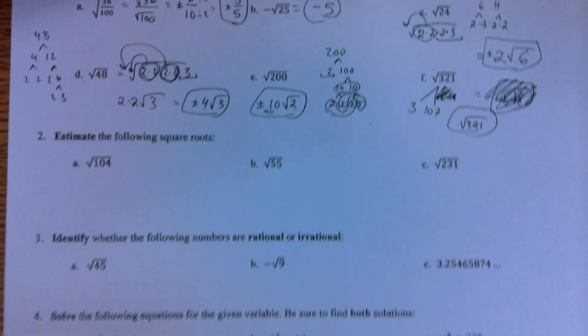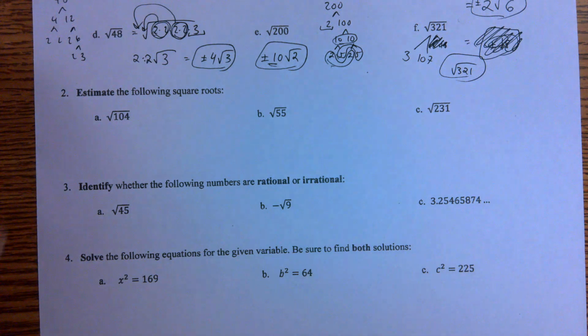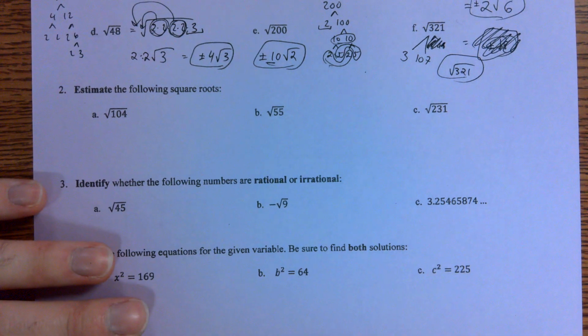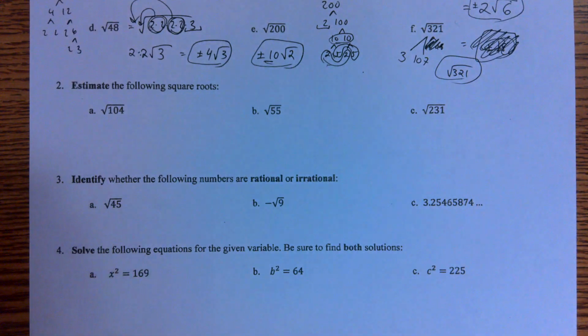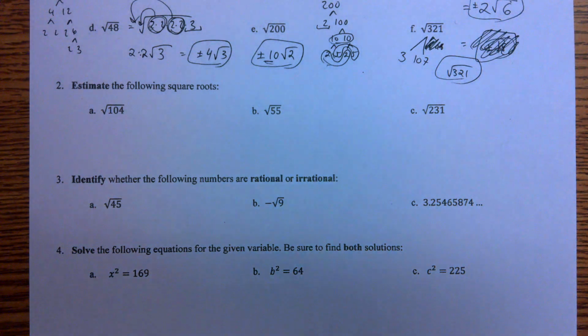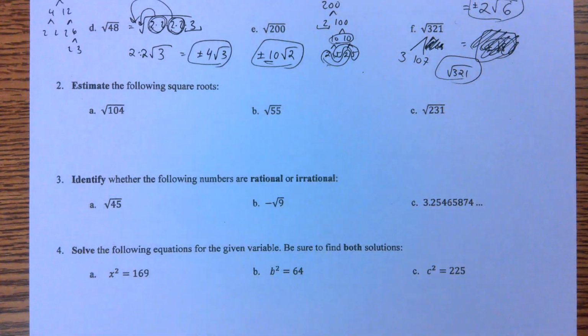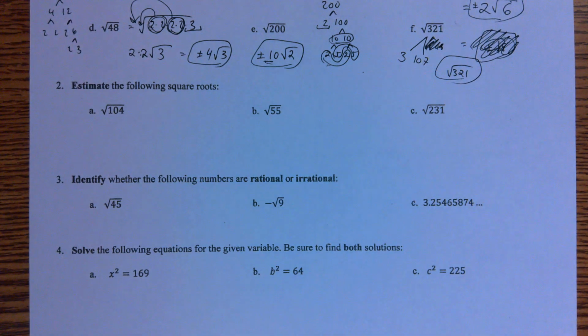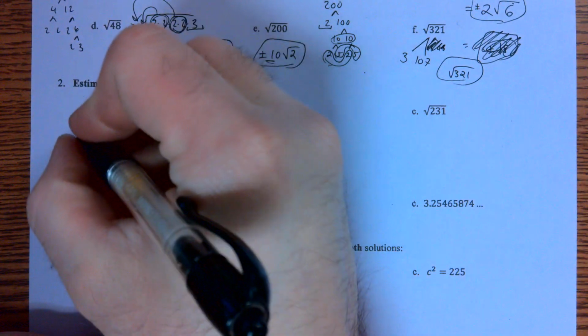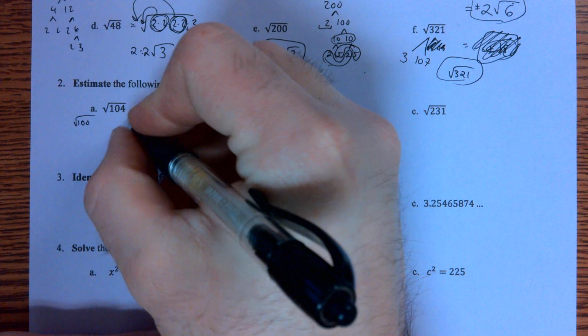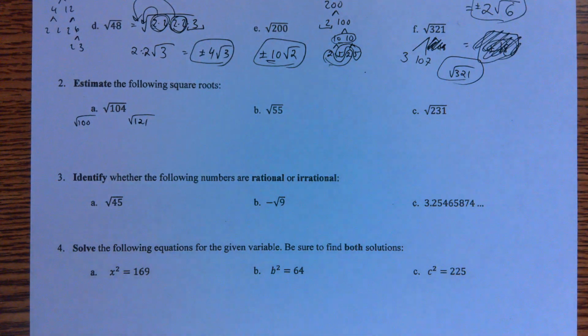If I'm estimating a square root, that means I'm making an educated conclusion about what one of these square roots might equal, and basically where it falls between. So the square root of 104 is a little bit more than the square root of 100, a little bit less than the square root of 121, right?